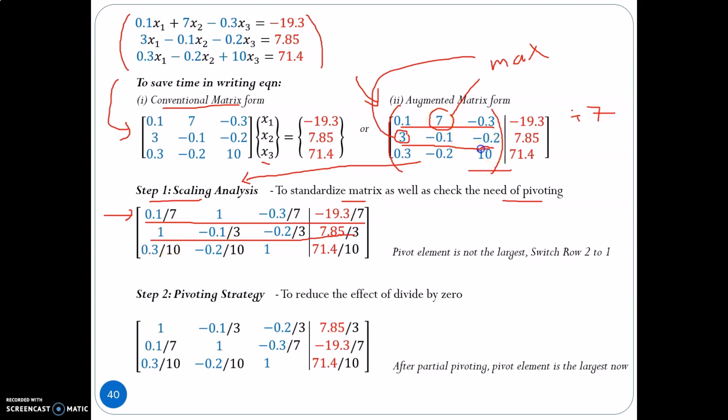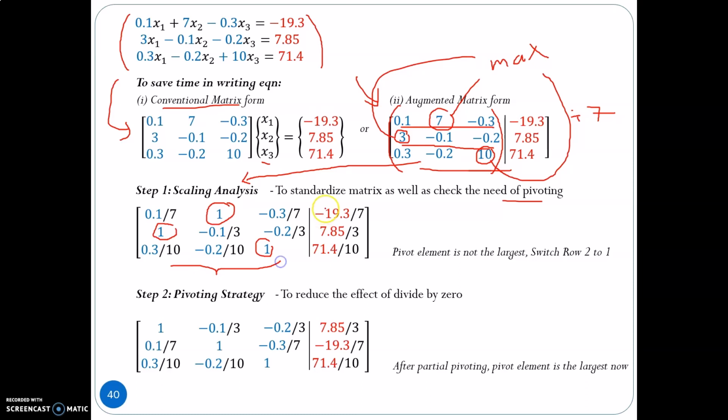Next, we have 10 in the third row as the maximum element, so we divide the third equation by 10. So this is your scaling result, where you see we have a maximum element of 1 in the system matrix here. So we can say that the standardization of the matrix is successful.